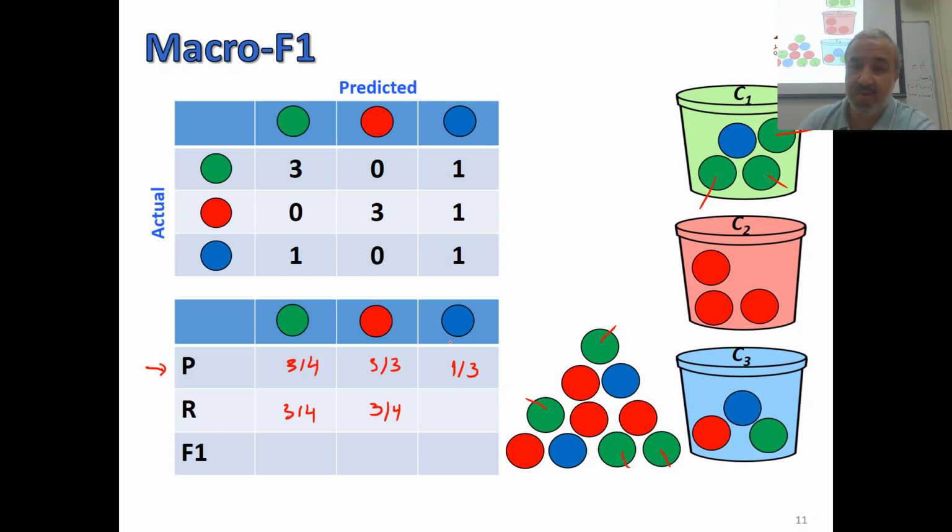What's the recall of the blue class? 1 over? Why is it 2? I'm not saying it's correct, it's wrong, by the way. I'm just asking you. Why is it 2? Because the number of blue is 2 only, and the one we got 1 correctly. So it's 1 over 2. Okay, how about F1?